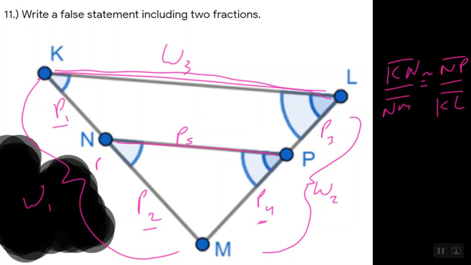So this is another way of saying kind of the same thing. Here we have part over part is congruent to part over whole, and you can clearly see that that is another example of a false statement. In fact, this is the most common one that they'll throw at you. Alright, let's move on to our final example.